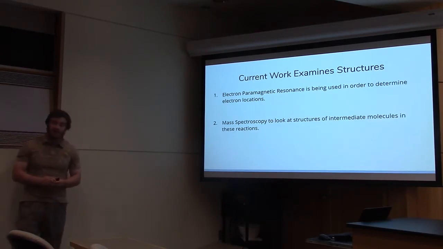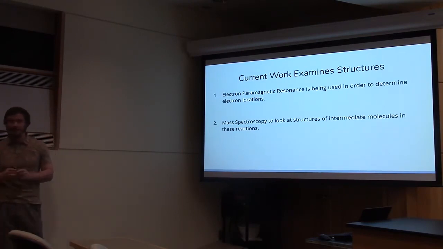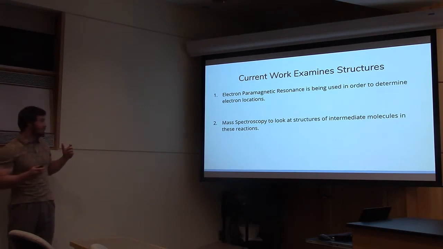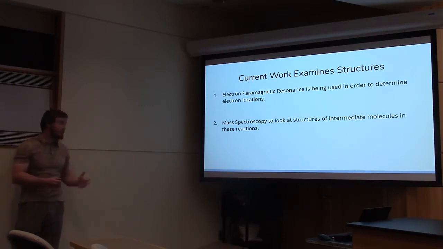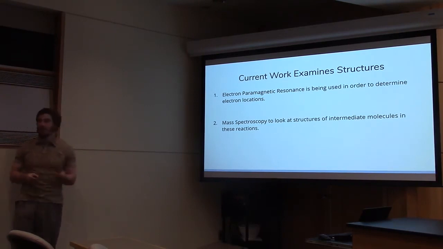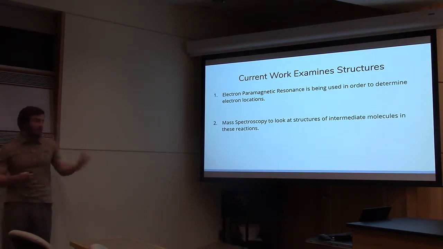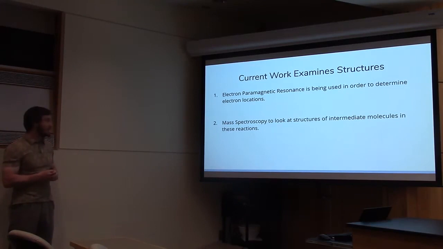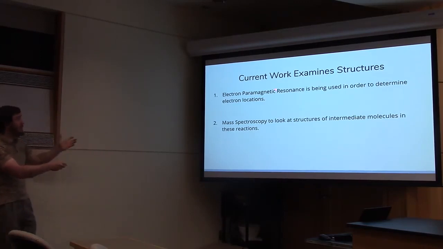I wish I could have talked more about the research that's being done since I left, and I was told that I was going to, but unfortunately nothing really significant has occurred. They're really busy right now, but they currently are trying to use, well, I'm not going to explain what electron paramagnetic resonance or mass spectroscopy are.